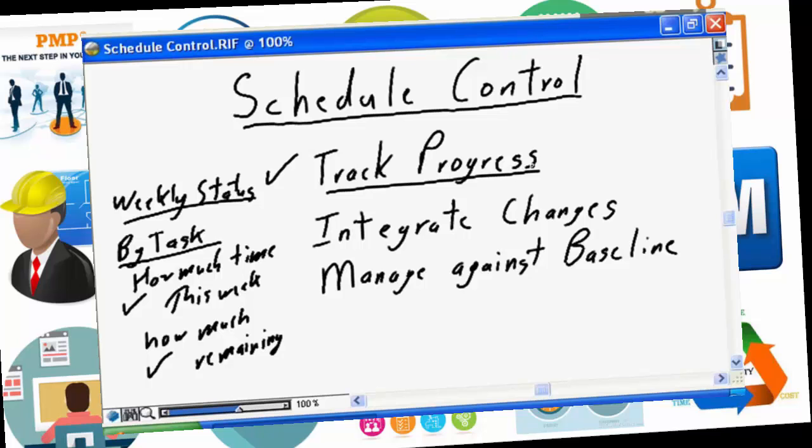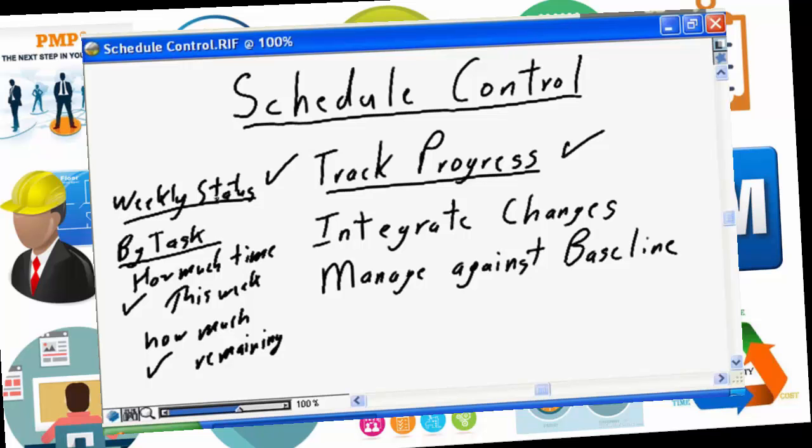So insist on weekly status, insist on how much time per week, insist on how much time remaining per task at an hour level, not at a quarter or a half hour level, and within 2 to 3 weeks the moaning and groaning will stop, and you will be getting the information that you need to track the progress on your project.